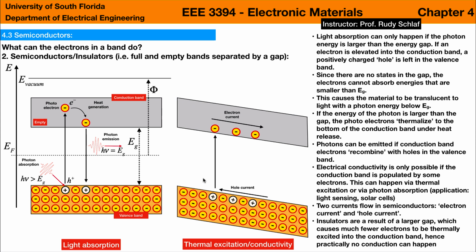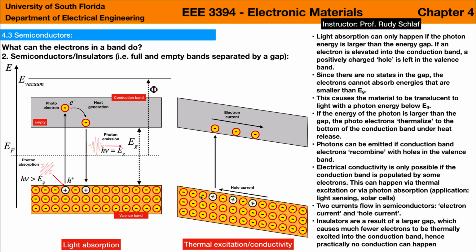There are no empty states nearby in the energy gap that the electrons could go onto when they accept kinetic energy from the applied potential. So a semiconductor only becomes conductive when there is some thermal excitation of electrons into the conduction band. At temperature 0, a semiconductor becomes a full insulator that cannot conduct any current.